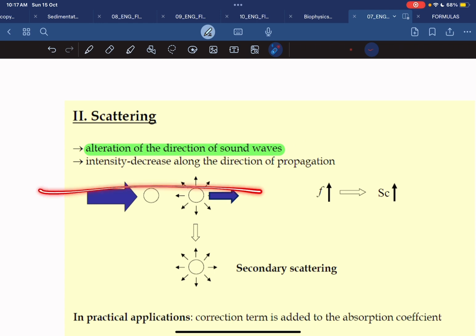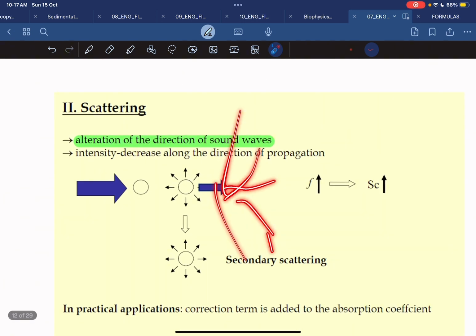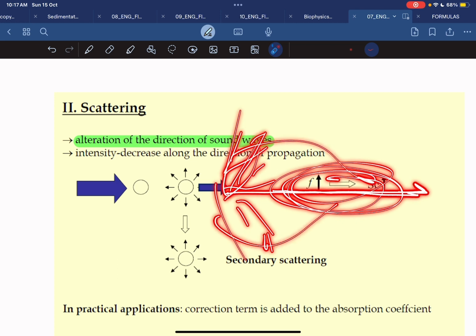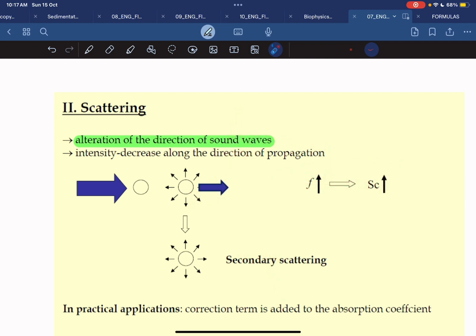If the sound wave is going this way and it goes that way, this is called scattering of sound. Of course, this scattering ultimately results in a decrease in intensity for this wave. All of these sound waves going all the way here were also supposed to go along with this direction. But since some of them have gone this side and this side, the ultimate intensity of this wave decreases.